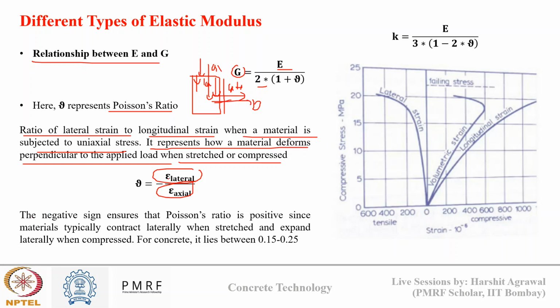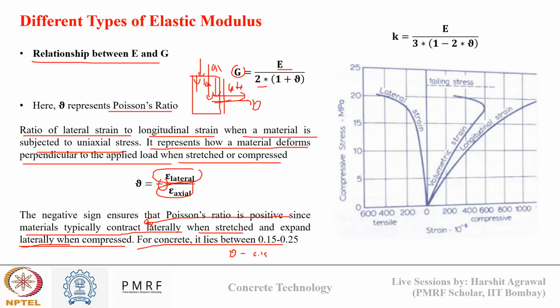This negative sign ensures that the Poisson's ratio is positive, since a material typically contracts laterally when stretched axially, or expands laterally when compressed axially. For concrete, the value of Poisson's ratio lies in the range of 0.15 to 0.25.